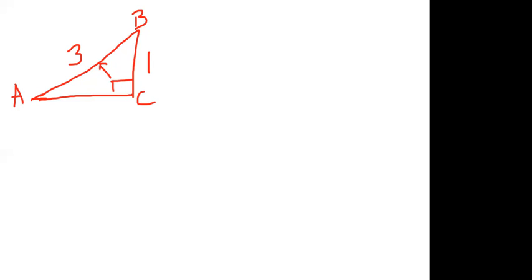Since the hypotenuse is directly across from angle C, we can call it lowercase c. Since BC is directly across from A, we can call it lowercase a. And since AC is directly across from B, we can call it lowercase b.